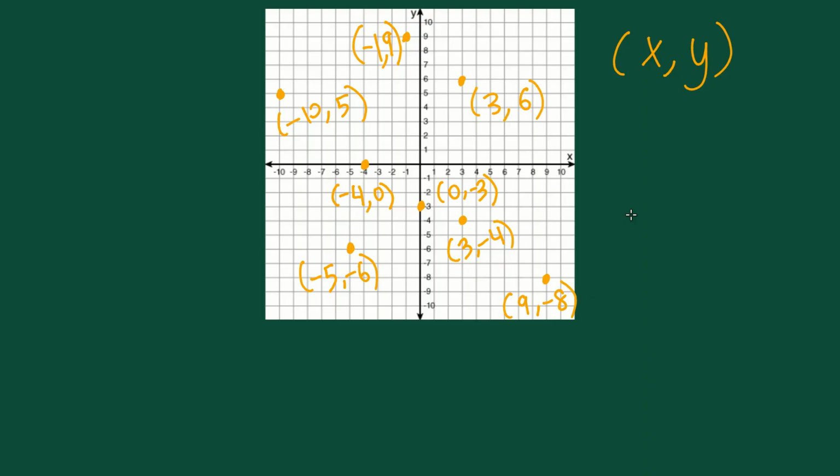The points' locations are named by an ordered pair consisting of an x-coordinate and a y-coordinate. Remember that for the x-axis, the right side is positive. And for the y-axis, the top side is positive.